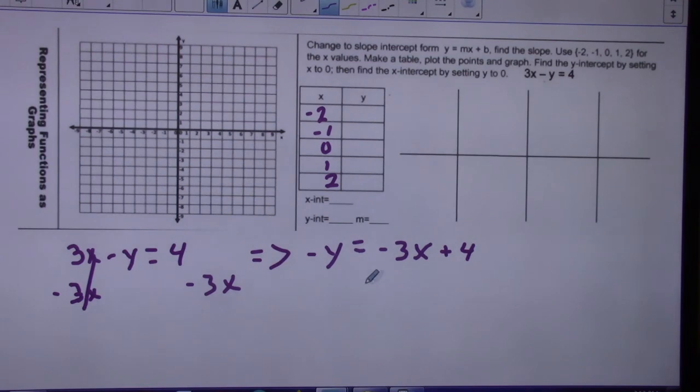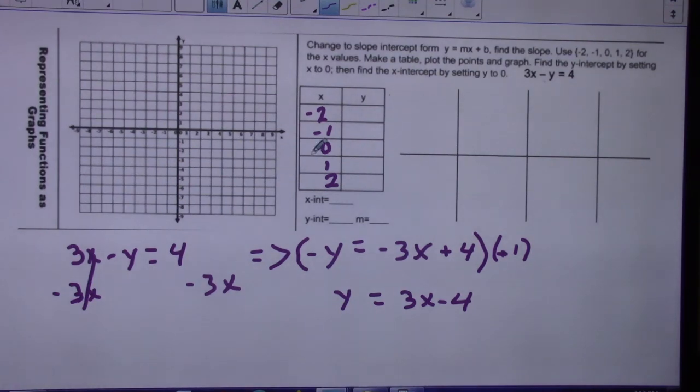Correct. So now what do we do next? Gotta make y not negative. Yeah, so we can multiply or divide this whole equation by -1. I'll just multiply by -1. We just flip them all. So we got y is equal to 3x minus 4, right? Yep. So that is our shown work.